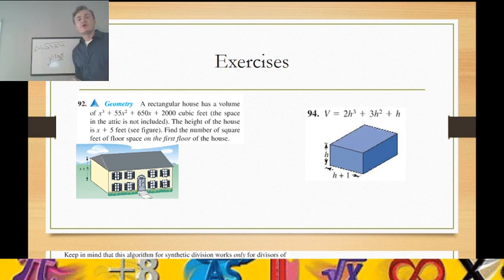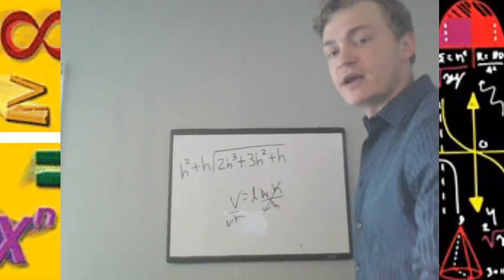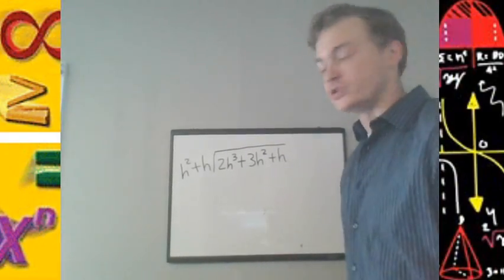So if we take the volume, 2h cubed plus 3h squared plus h, and divide it by the product of the width and height, multiply h and h plus 1 together, you get h squared plus h. So to find the length of our rectangular prism, the length will equal the quotient of the volume and the product of our other two dimensions. Let's go ahead and look here at finding this quotient.